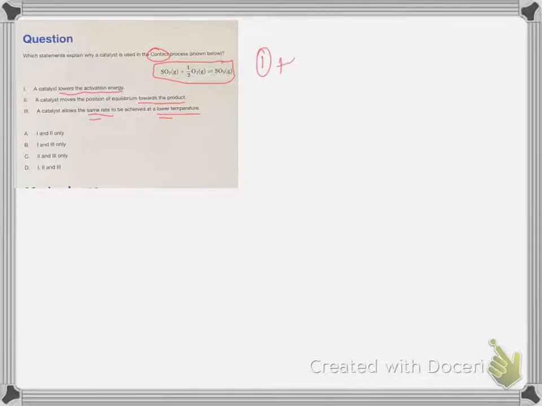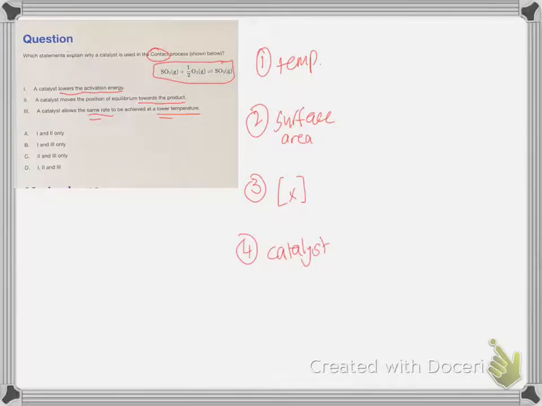The first one is temperature, second is surface area, third is concentration, fourth is catalyst. Now I'll only be focusing on temperature and catalyst, because the question states why a catalyst is used in this process.